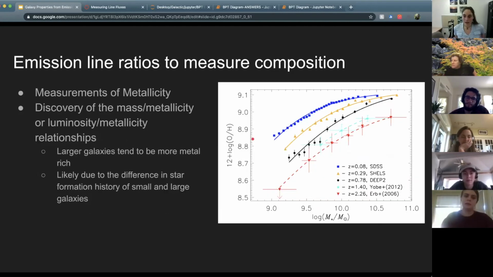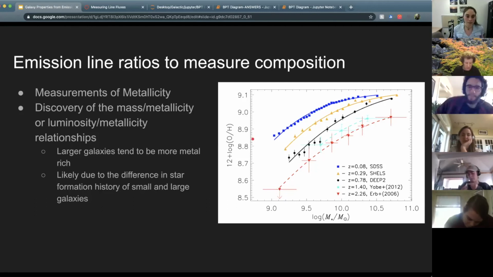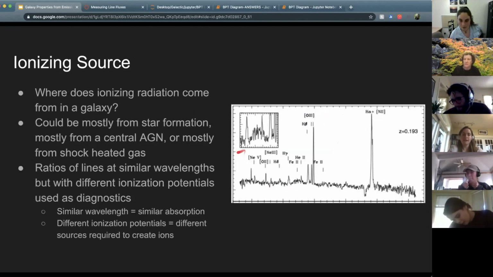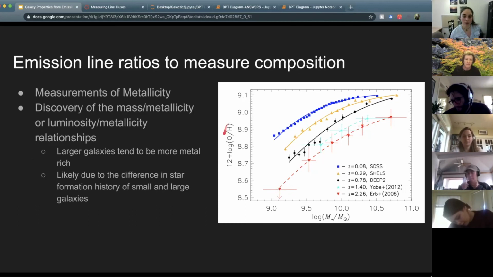The next thing we can think about measuring from emission lines is the composition of your galaxy. So typically we do this by measuring metallicity. Since we talked about metallicity last week, I'm going to jump through this fairly quickly. Usually when we measure the metallicity of a galaxy, it's by using this 12 plus log OH version of metallicity, because oxygen is going to be one of the more prevalent elements in a galaxy.